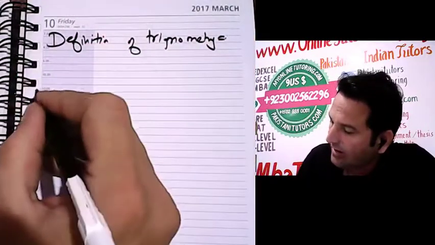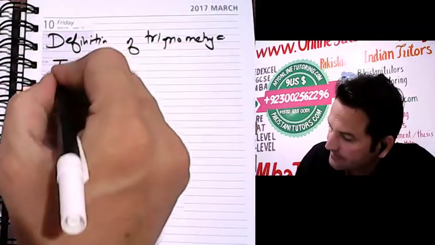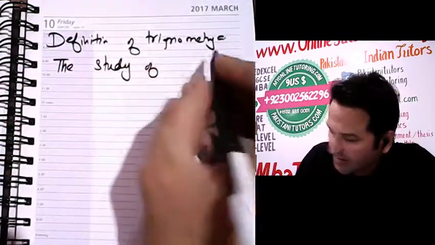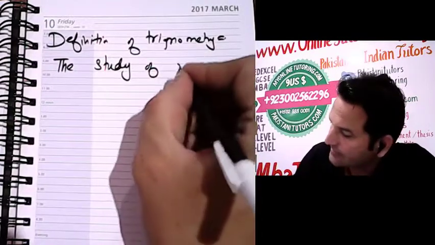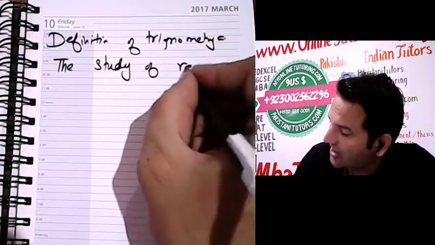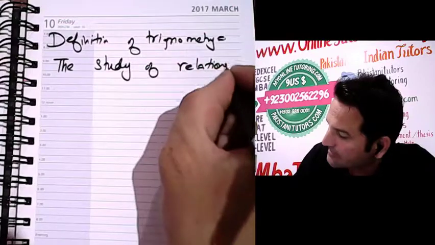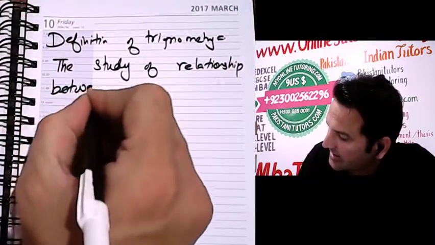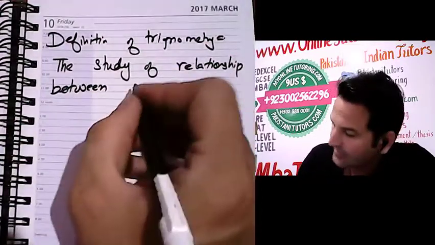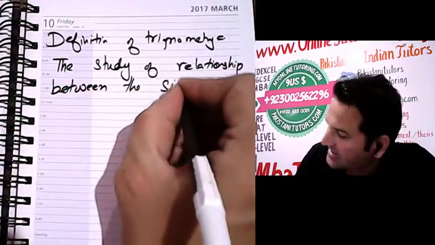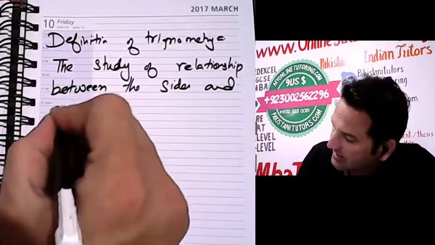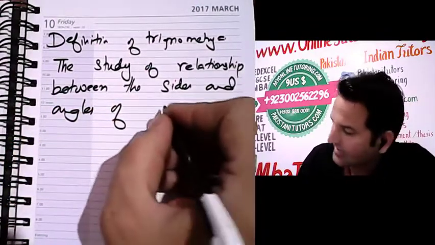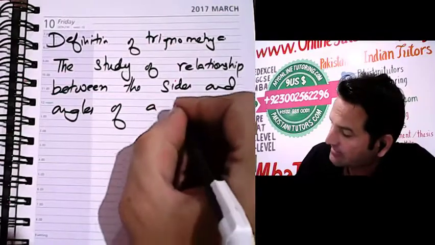Definition of trigonometry: it is the study of the relationship between the sides and the angles of a triangle.